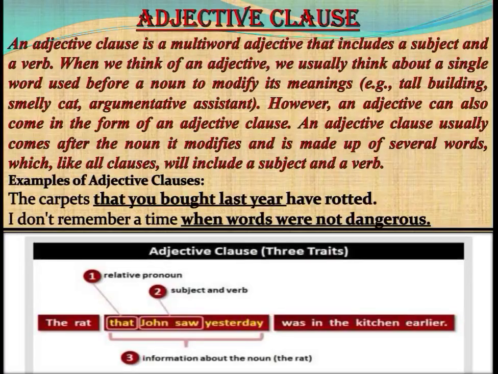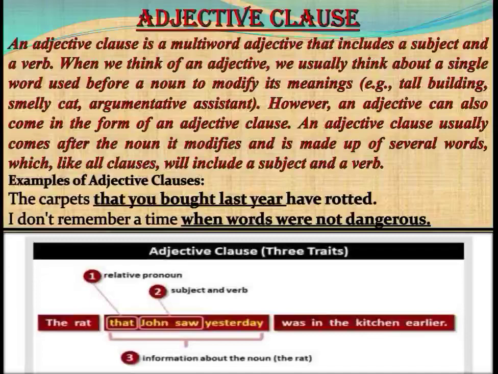Next is adjective clause. We know what is adjective. Adjectives are those words which can modify or describe noun or pronoun. So, adjective clause will work as an adjective in a sentence.